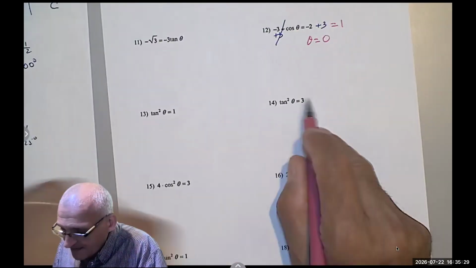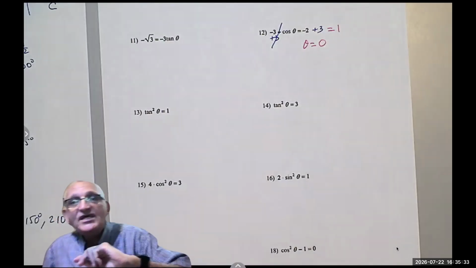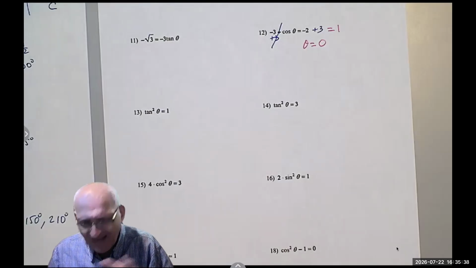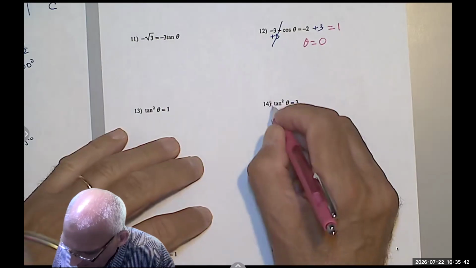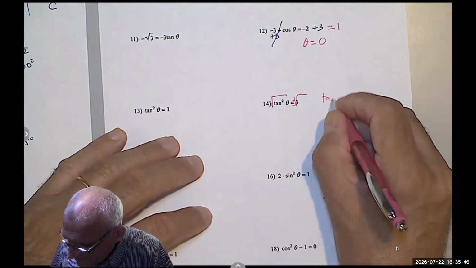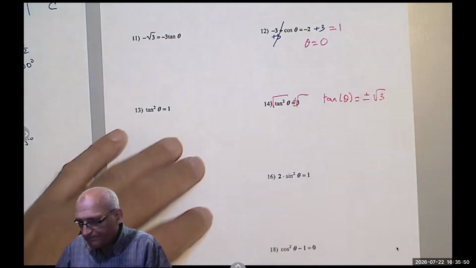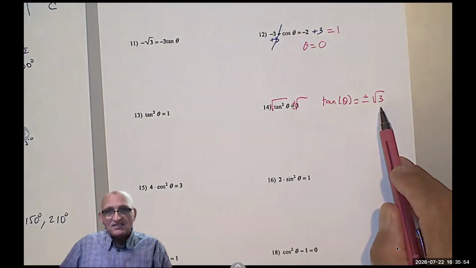Okay, tan squared theta equals 3. Here, because it's a square, we can expect up to 4 answers. How 4? If I take the square root, I have to add plus or minus. So I get tan theta equals plus or minus √3. √3 for a tan, that's 60 degrees.